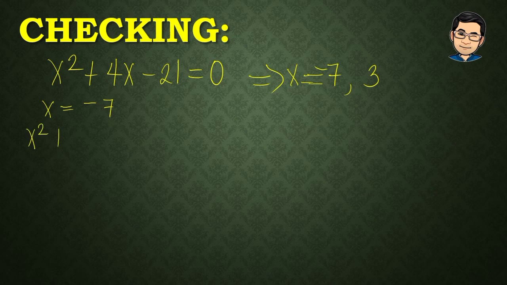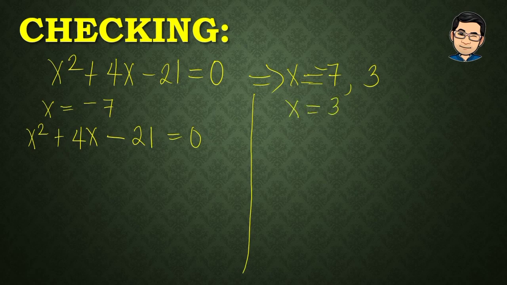So, substitute lang natin sa given equation. So, dapat 0 equals 0 ang makuha natin. So, dito naman x equals 3. Ayan. So, dito tayo sa x equals negative 7.